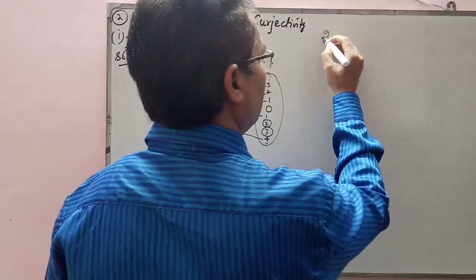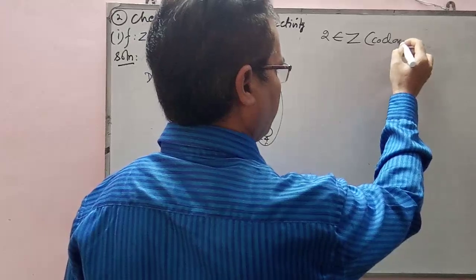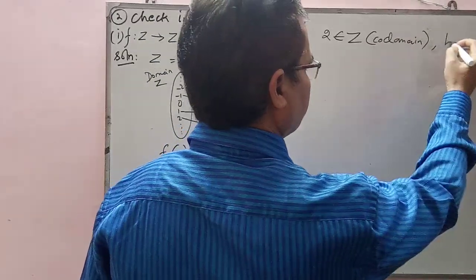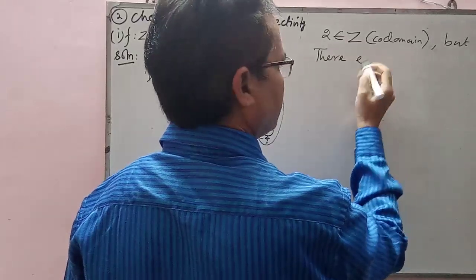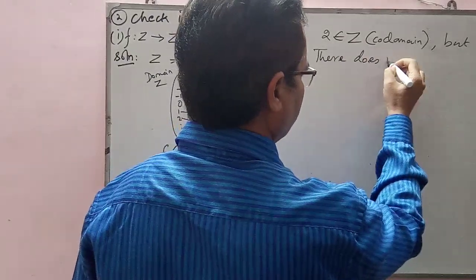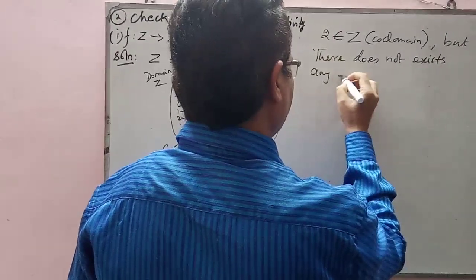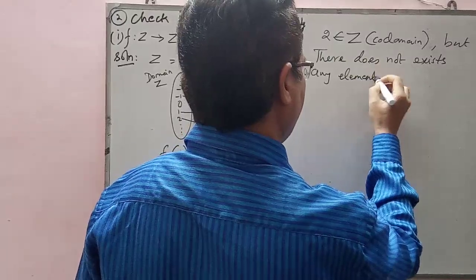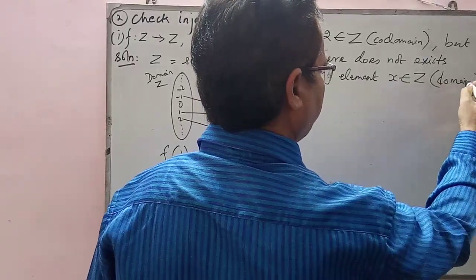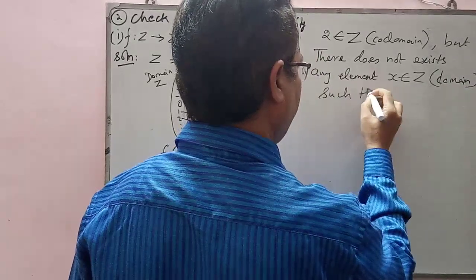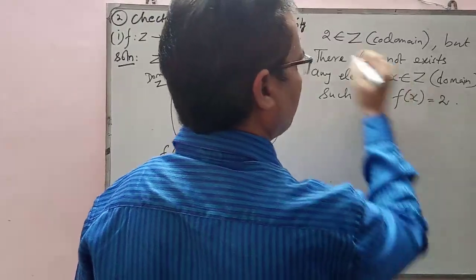How to write this? Take the number 2 belonging to Z. This is your codomain. But there does not exist any element x belonging to Z, here we mean the domain, such that f of x equals whatever number you have taken.